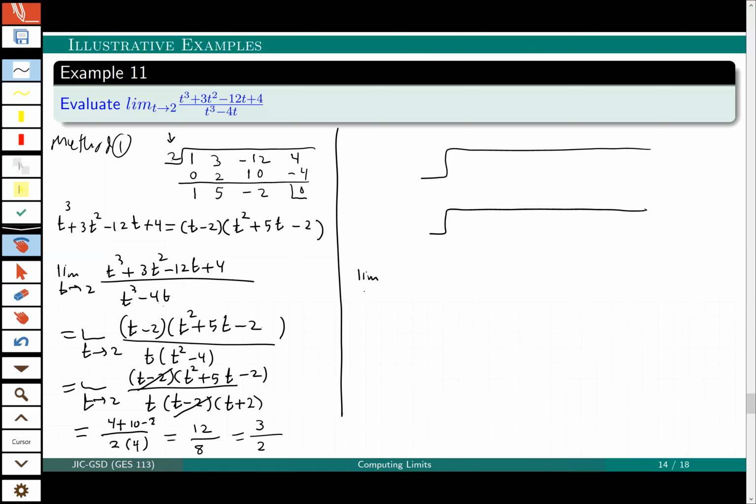limit when t goes to 2 of t cubed plus 3t squared minus 12t plus 4 divided by t cubed minus 4t, you will divide both by the same factor, which is t minus 2. So you will divide here by 2.